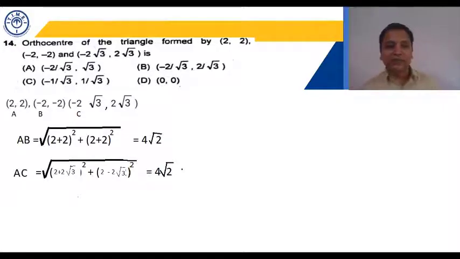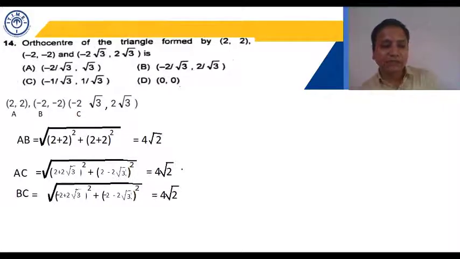Let's move to the third side, BC. Minus 2 minus of minus 2 root 3 becomes minus 2 plus 2 root 3, whole square. And then minus 2 minus of 2 root 3, whole square. In the second bracket, minus comes out common, so it becomes 2 plus 2 root 3, whole square. In the first bracket, minus comes out common, it's 2 minus 2 root 3, whole square.